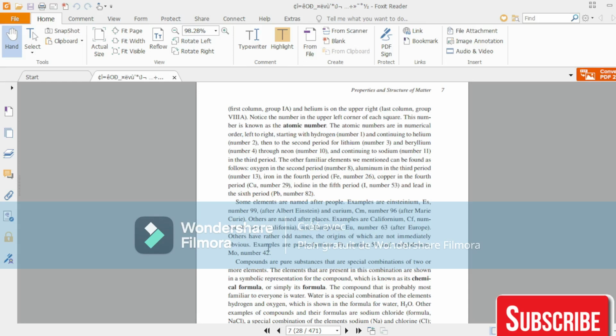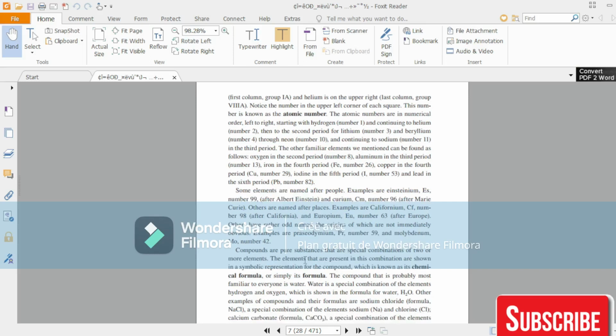Others have rather odd names, the origins of which are not immediately obvious. Examples are praseodymium, Pr number 59, and molybdenum, Mo number 42.